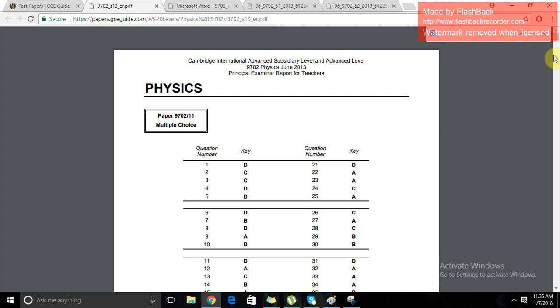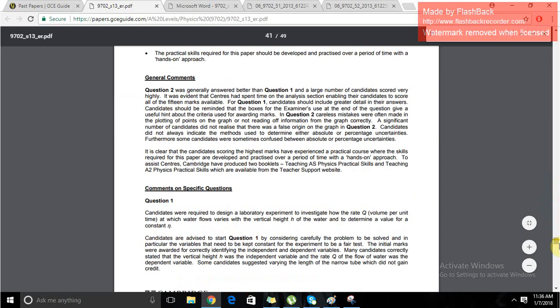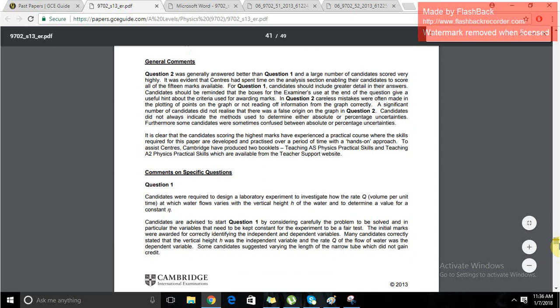So, pick out a diary you haven't written in yet, and at the top of it, write down S13 question paper 51. And we'll go back to that after reading this.